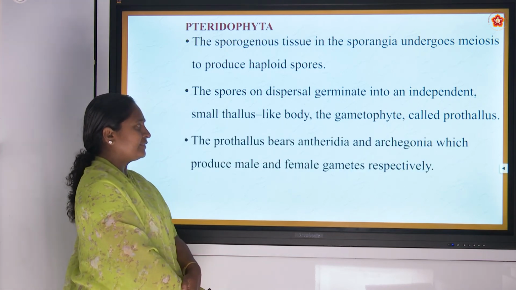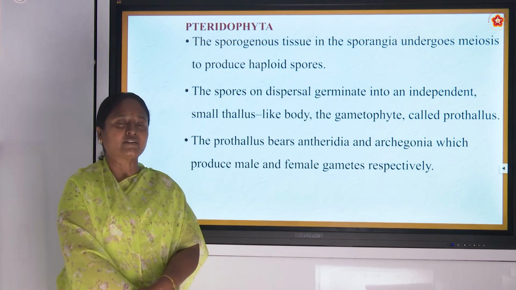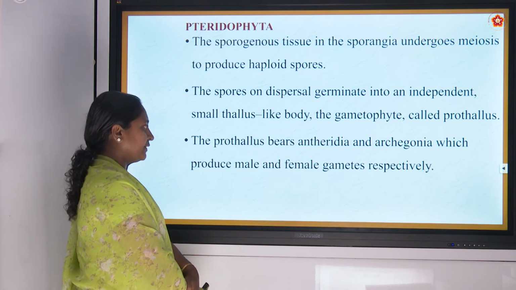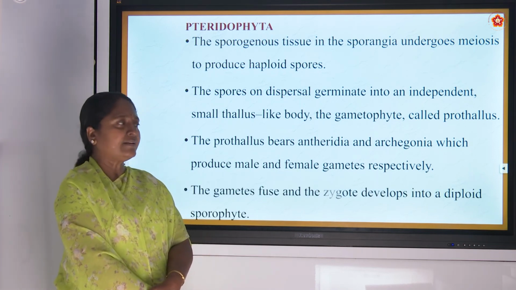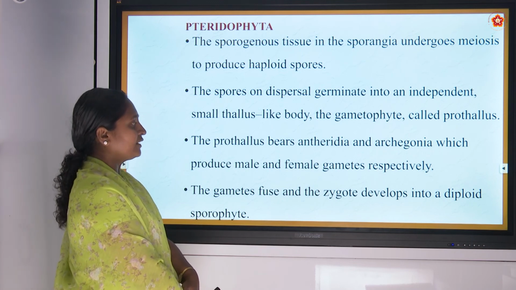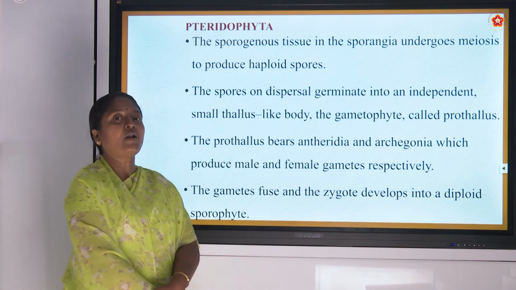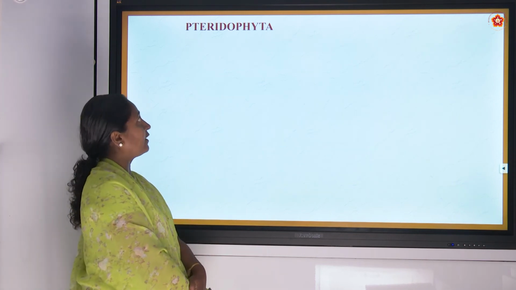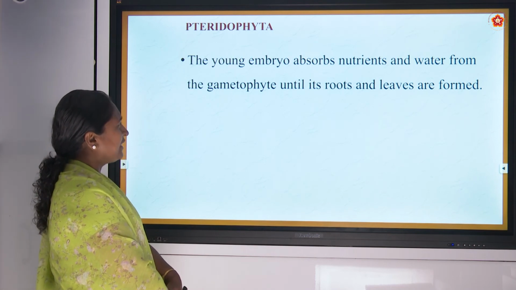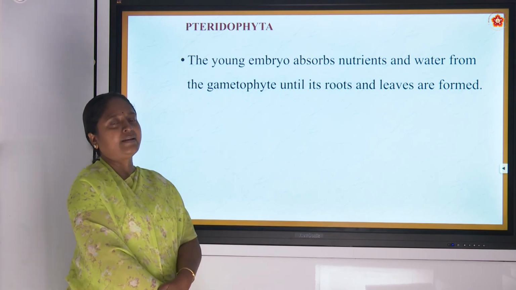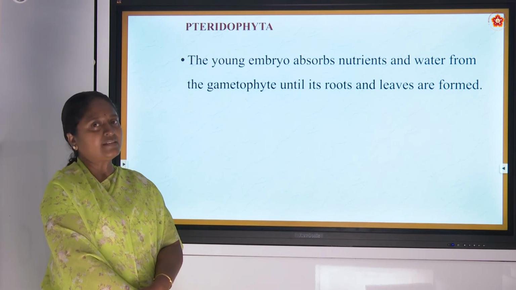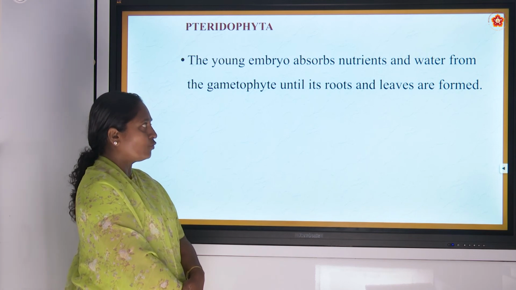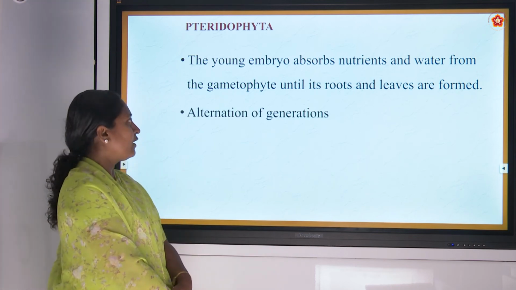This prothallus has antheridia and also archegonia, the male and female reproductive organs. They produce male and female gametes respectively, and when they fuse, the zygote develops into a diploid sporophyte. So here also we can see the sporophyte and gametophyte present in this organism. The young embryo has the ability to absorb nutrients from the surrounding environment, from the water, and it starts growing roots and leaves and forms the full organism.